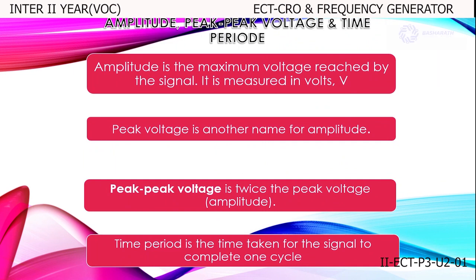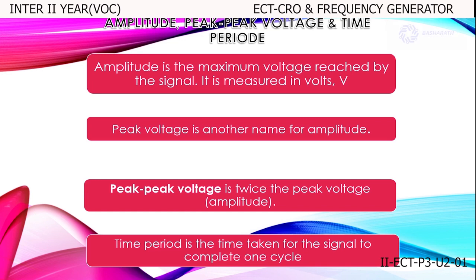Let us define the terms amplitude, peak-to-peak voltage, and time period. Amplitude. Amplitude is the maximum voltage reached by the signal. It is also called peak voltage and it's measured in volts. Peak-to-peak voltage. Peak-to-peak voltage is the distance from the lowest negative amplitude to the highest positive amplitude.